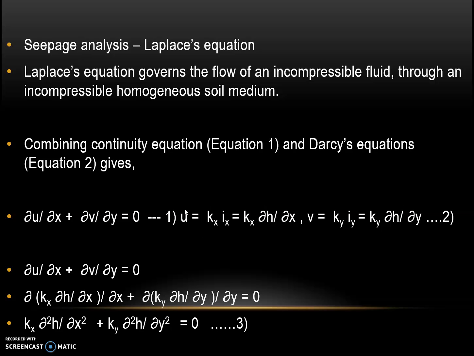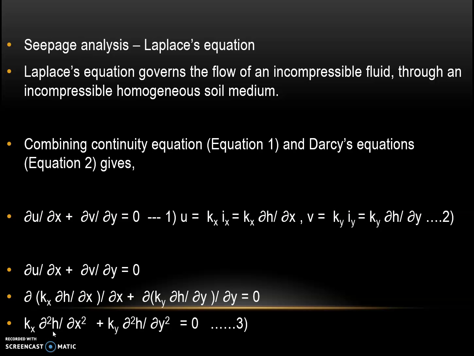We will substitute the equation for u and v in the continuity equation. So, we get dou of kx into dou h by dou x, which is the equation for u, whole divided by dou x plus dou of ky into dou h by dou y, which is v, whole divided by dou y is equal to 0.